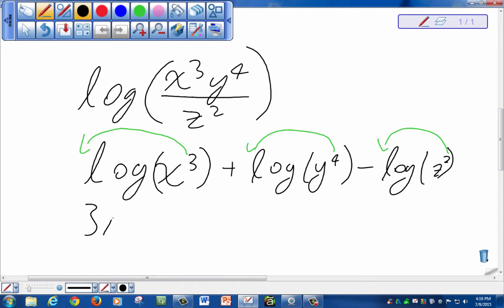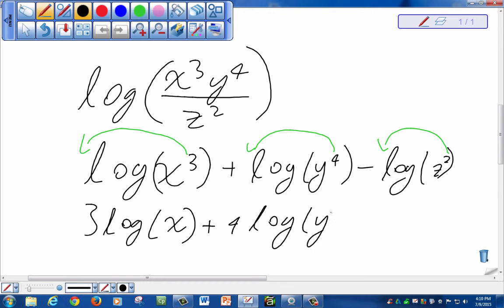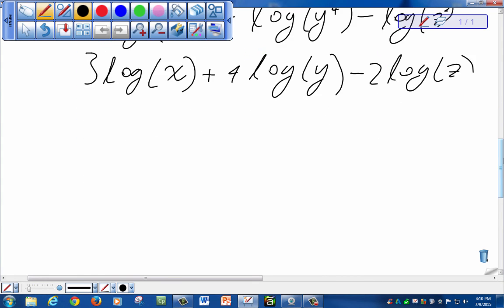So put 3 log x. Remember the exponent is not there anymore since we moved it out. Plus 4 log y minus 2 log z. And that's an important part. Some of the questions are basically just that. That's all you have to do. I saw like 1 or 2 questions when I was in that class.